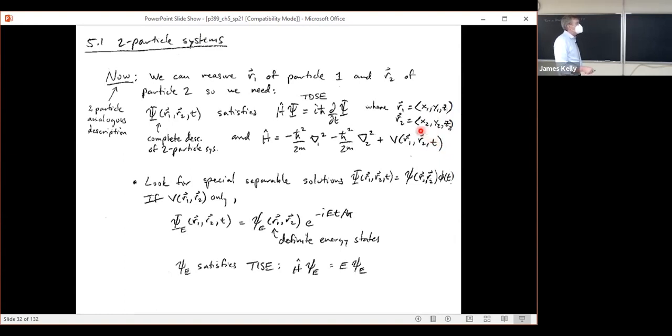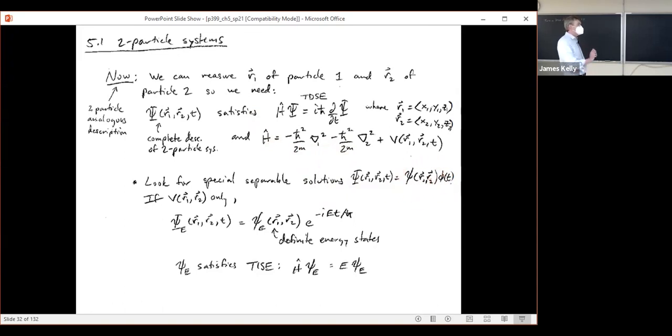So how to solve this differential equation, which now, oh my gosh, is a partial differential equation with 7 variables in it, right? x1, y1, z1, x2, y2, z2, and t. So all those partial derivatives are in there. Well, in order to tame the beast a little bit, we're going to look for separable solutions. In other words, product solutions, solutions that are a product of a function of spatial variables and a function of time variables.